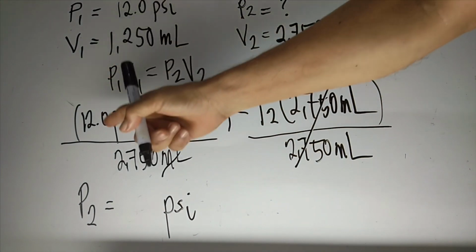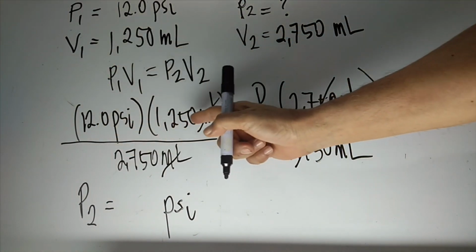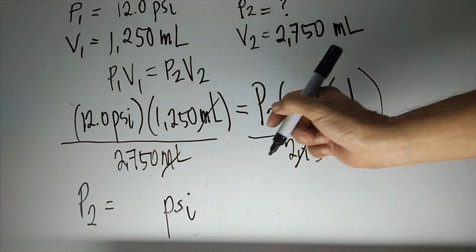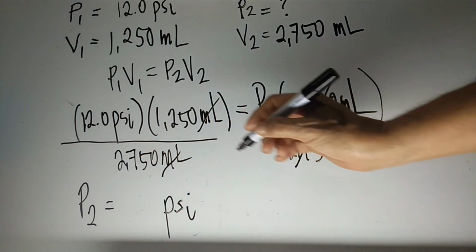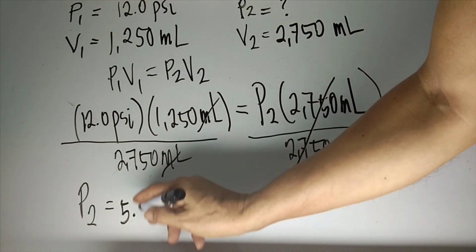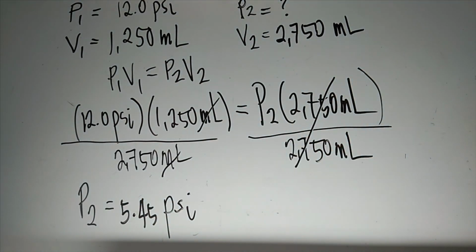And using your calculator, 12 times 1,250 divided by 2,750 will give us a value of 5.45 pounds per square inch.